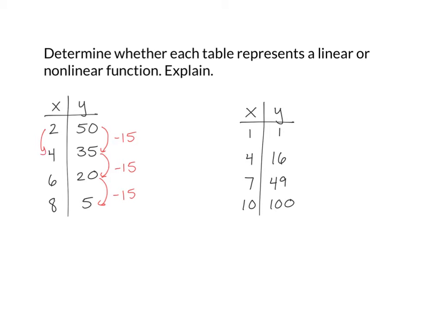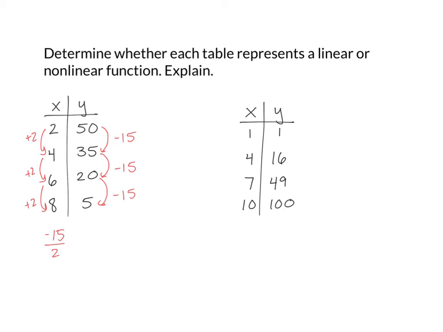From 2 to 4 is an increase of 2. From 4 to 6, increase of 2. And from 6 to 8 is an increase of 2. So the rate of change is negative 15 over 2 the entire time. So this does have a constant rate of change.